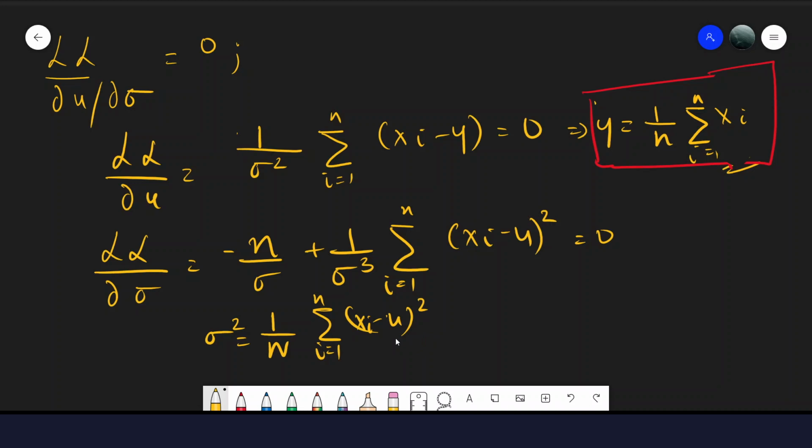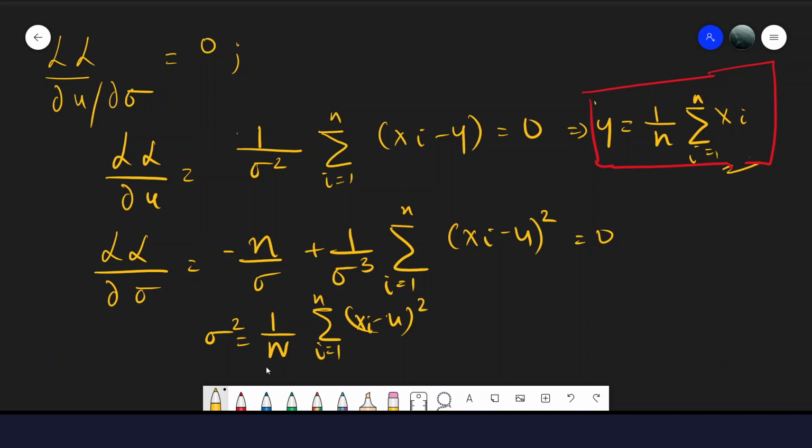So this basically tells you that if you want to estimate your population parameters from a set of sample data points, the best way is to take the mean of the sample data points as the mean and the variance of the sample data points as the variance, if you're moving forward with the belief that your population data set follows the Gaussian distribution.